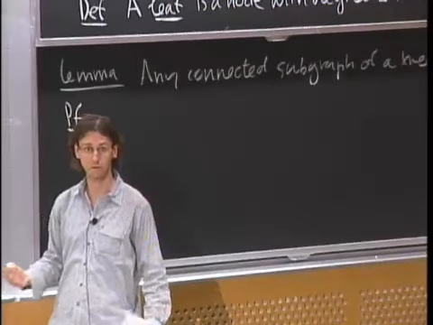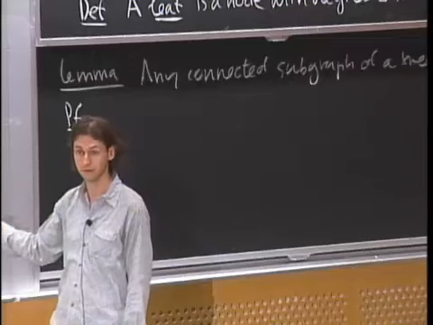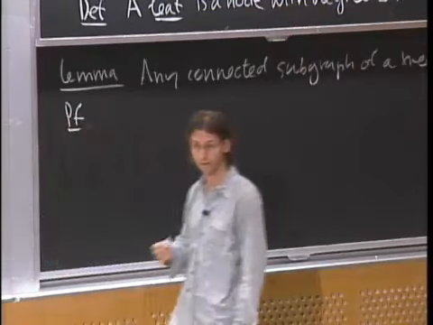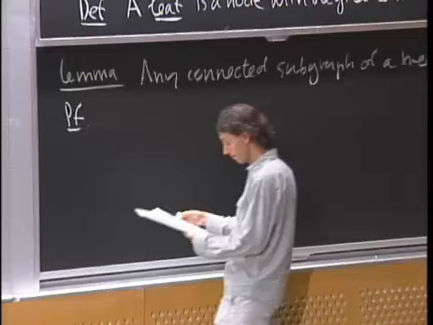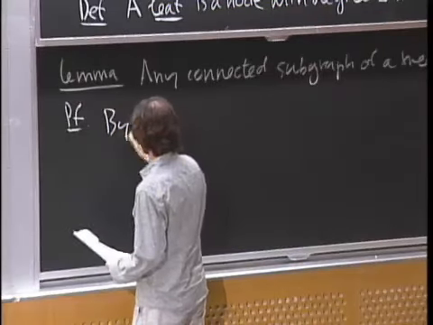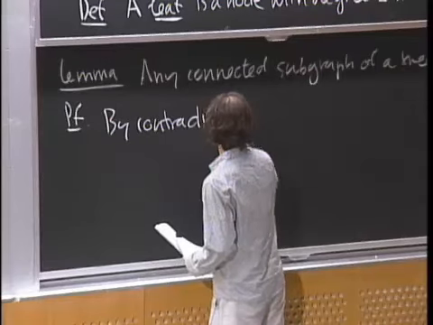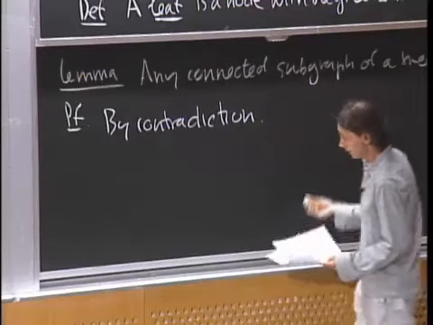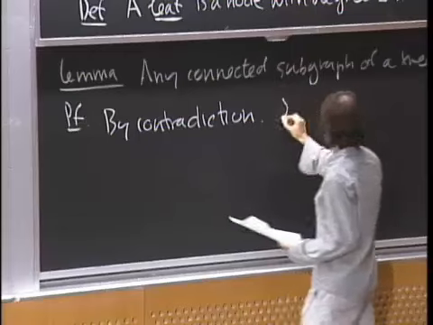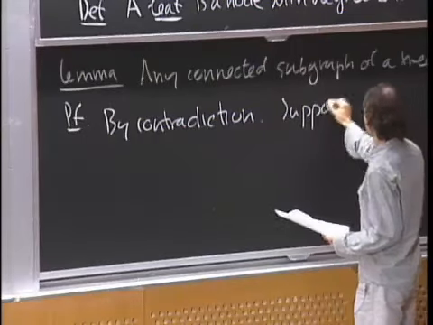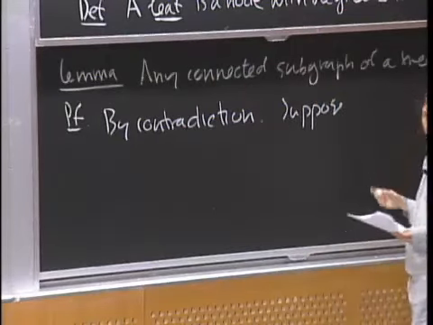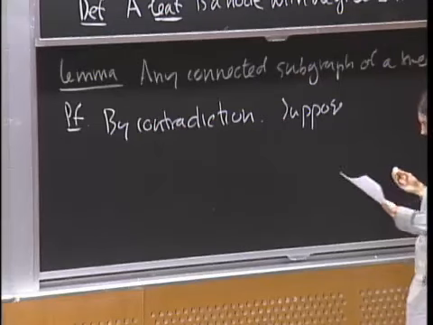And that is not really possible because a tree has no cycles. So that's sort of indeed how the proof goes. So we essentially use contradiction. And so let's suppose that this connected subgraph is actually not a tree.